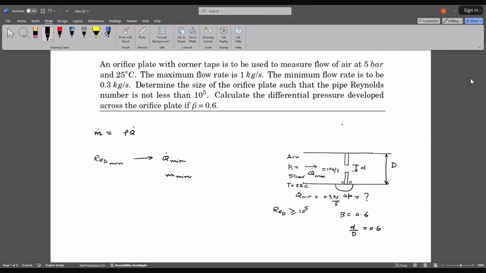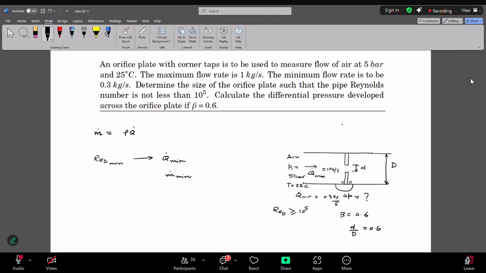rate, m dot min. m dot min is basically rho into Q dot min. So the minimum mass flow rate should correspond to the minimum volume flow rate.